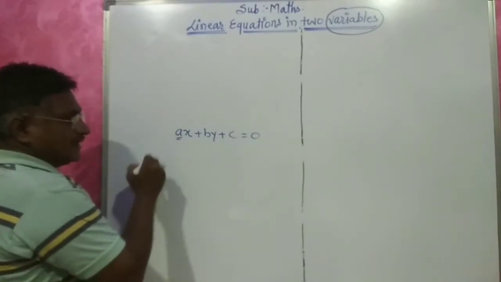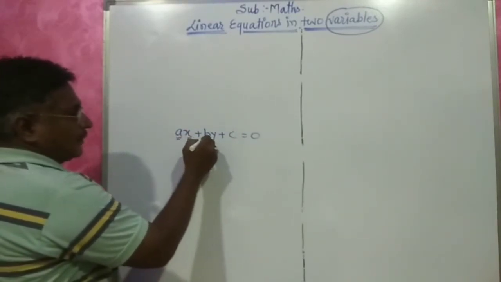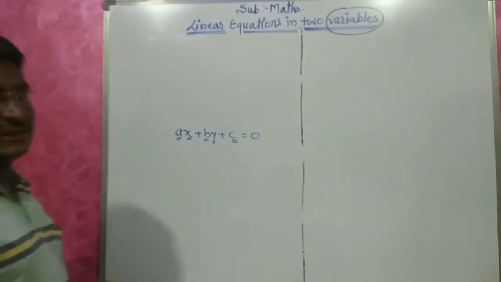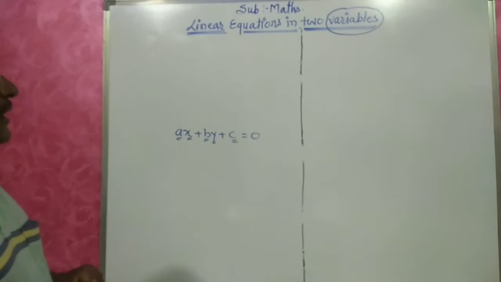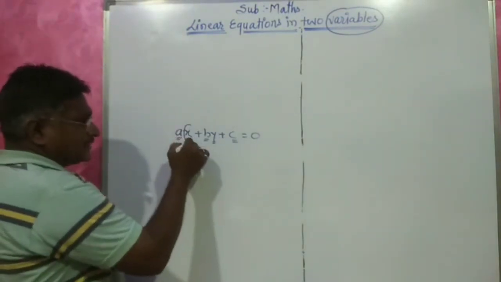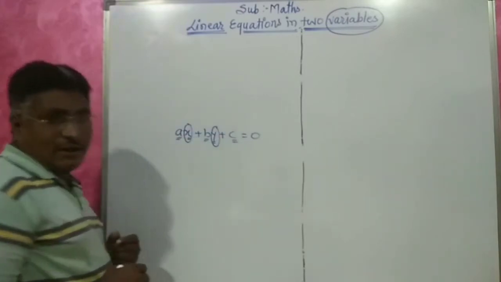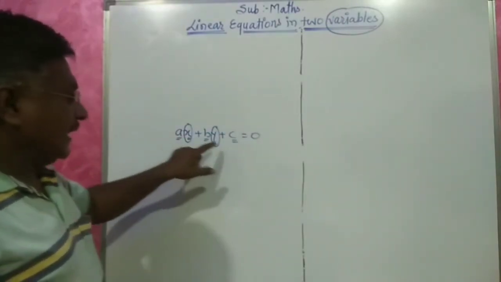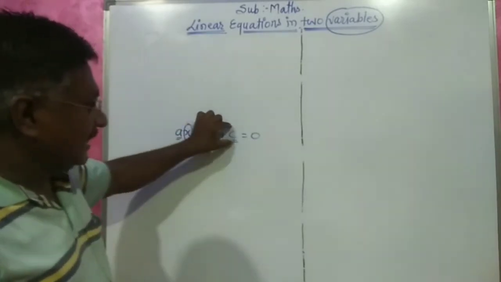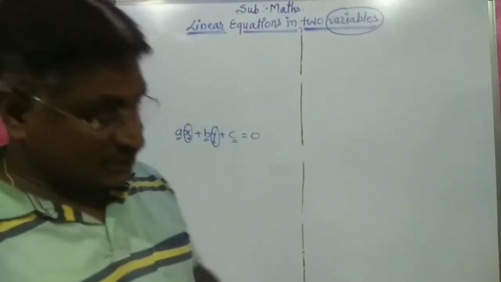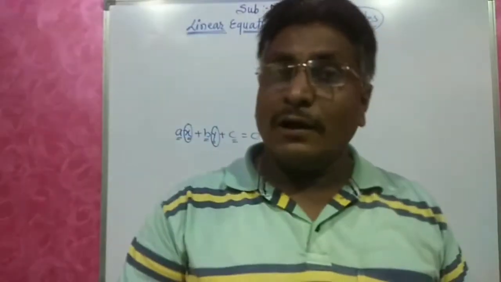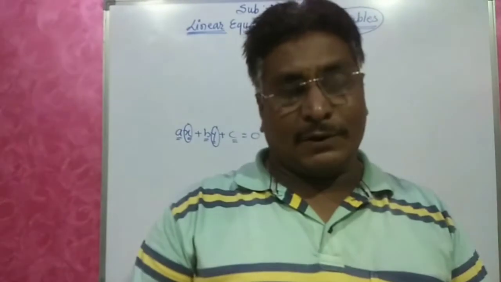So here a is also an alphabet, x is also an alphabet, b is also an alphabet, y is also an alphabet, and c is also an alphabet. So here how to decide which one is the variable? Here x and y are the variables, and a, b and c are the coefficients. c is the constant term, a and b are the coefficients, any real numbers.